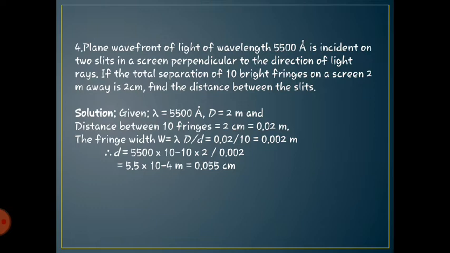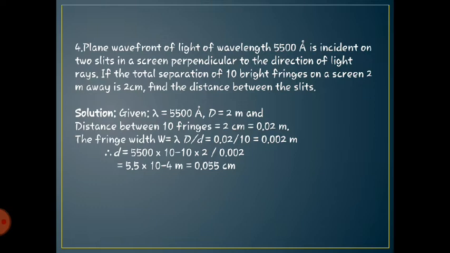What is that? A plane wavefront of light of wavelength 5500 Angstrom units. So the wavelength of light is used. Which kind of wavefront is being used? Plane. It is incident on two slits in a screen perpendicular to the direction of light rays. Alright, two slits are there.